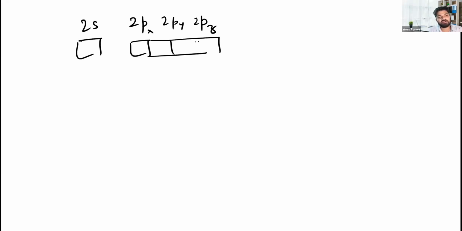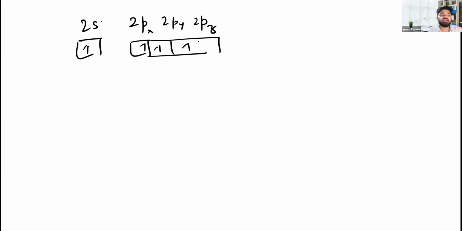They say that when we have the 2s orbital of the central carbon atom, and 2px, 2py and 2pz, with one electron in each, then they will intermix with each other and make hybrid orbitals.